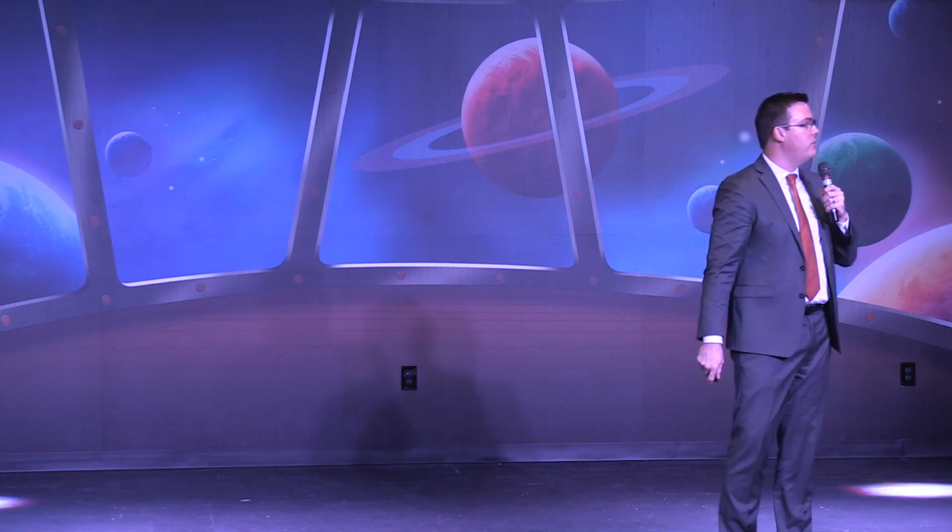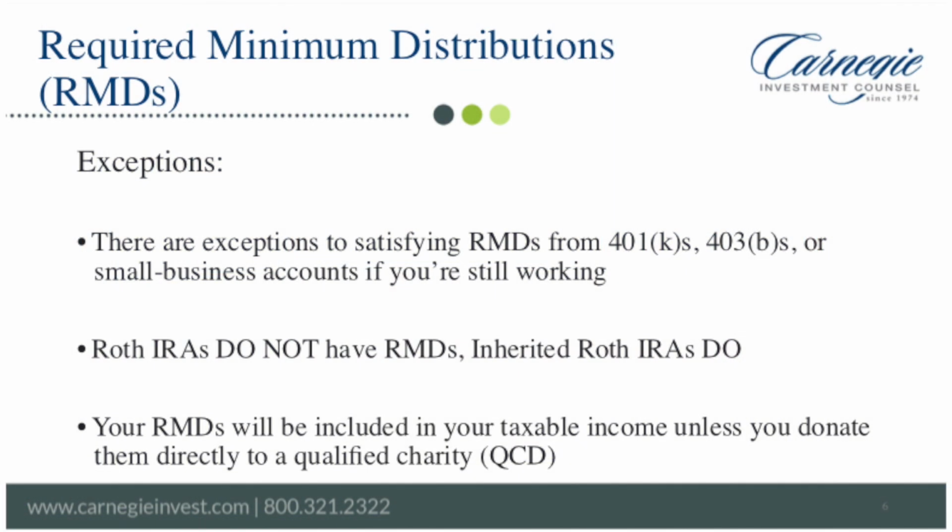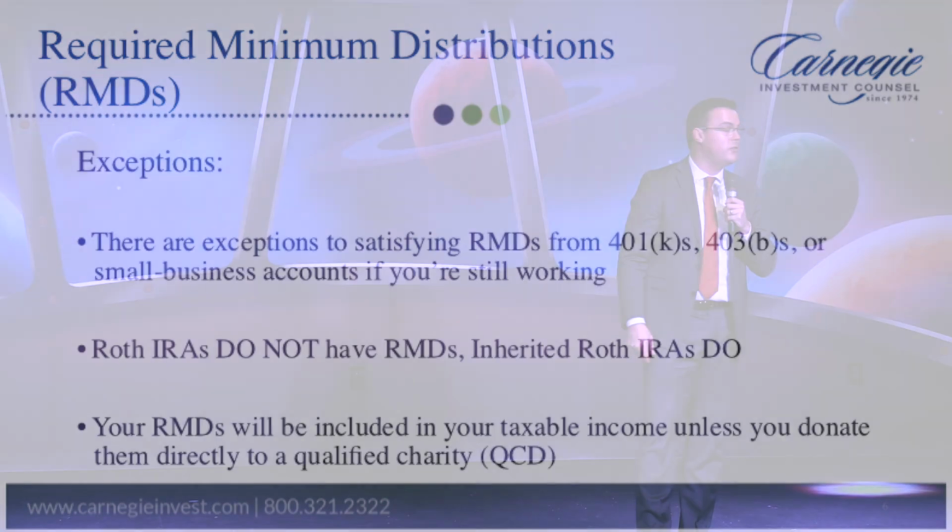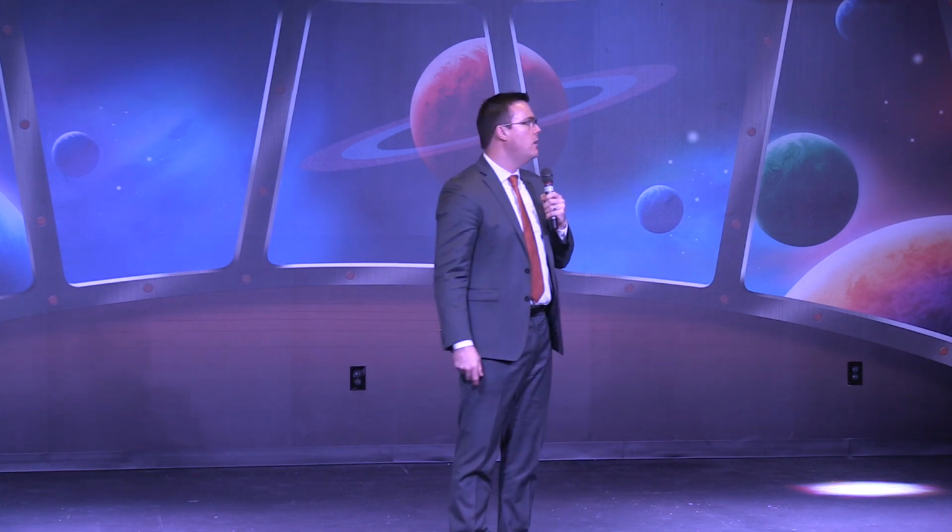We go right into the penalty. If you don't fully satisfy that minimum distribution, the IRS will penalize you 50% of the amount that you don't pull out. Let me use an example. Let's say your required minimum distribution is $20,000 from your IRA, and you only take out $12,000.